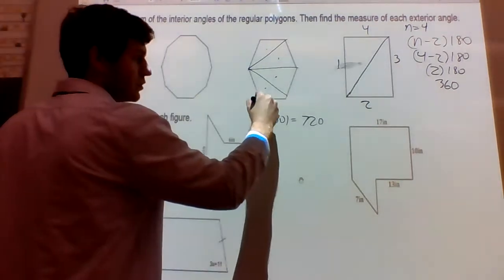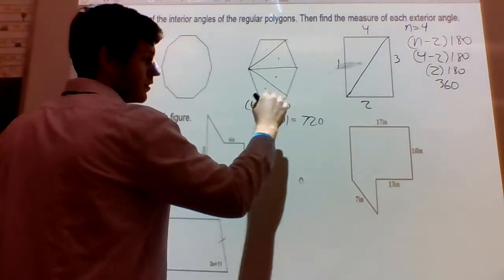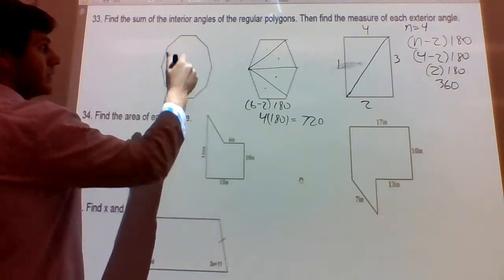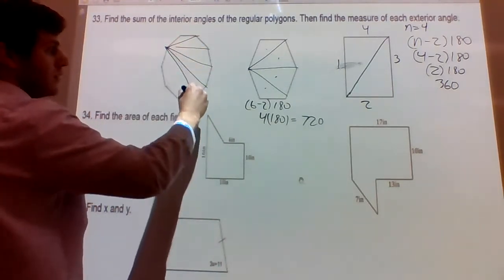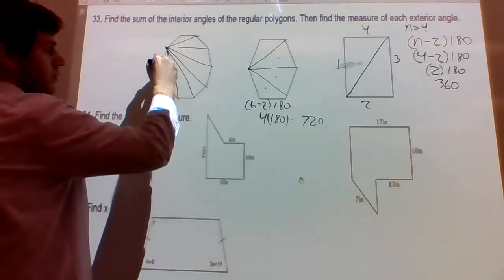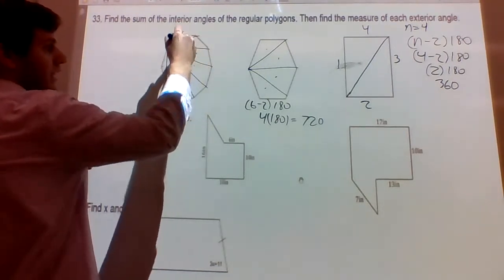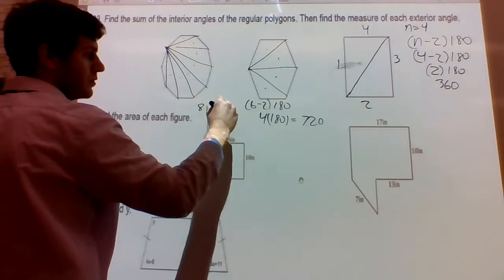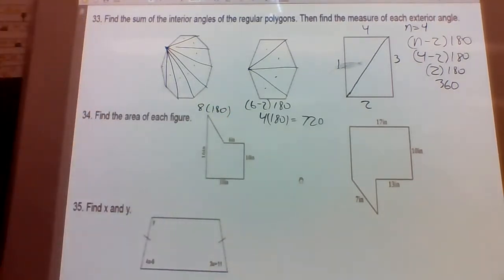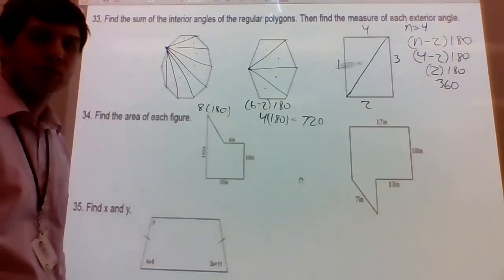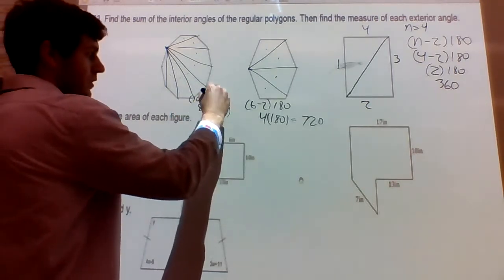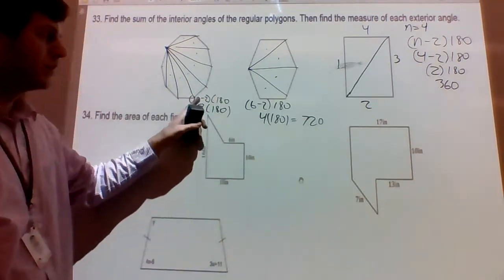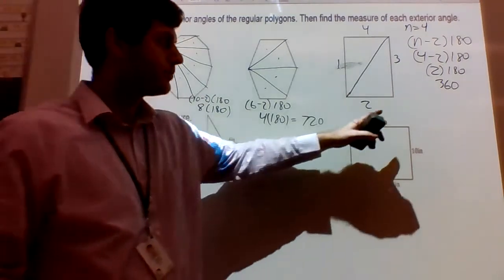So 6 minus 2 is 4. Right here we can make 1, 2, 3, 4, 5, 6, 7, 8 triangles. The three angles of each triangle add up to 180, which again is going to be 10 minus 2 times 180. So that's where the formula is coming from.